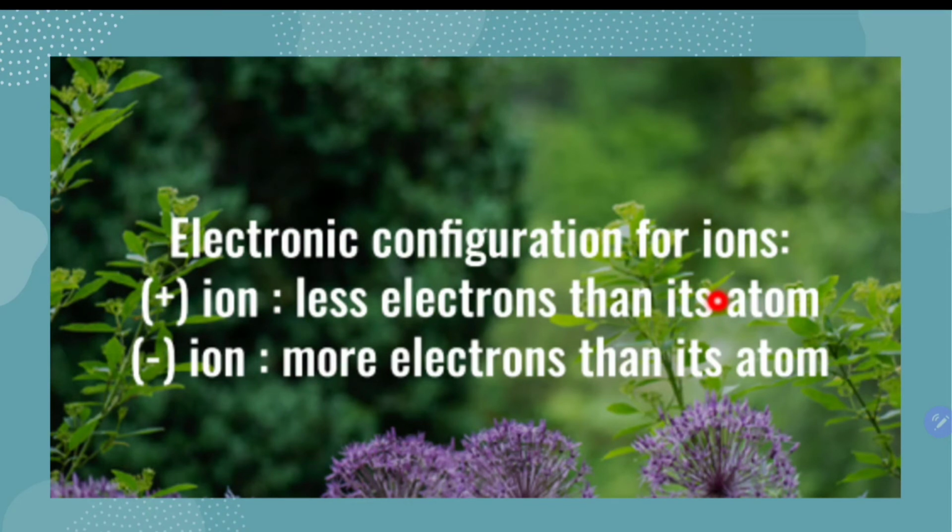Once again, the electronic configuration for ions. For a positive ion, there are fewer electrons than its atom. For a negative ion, more electrons than its atom.